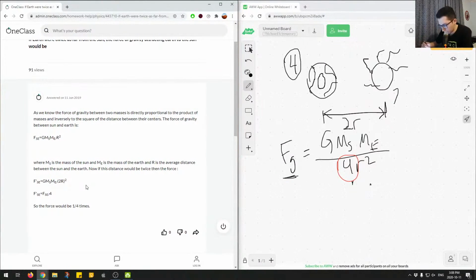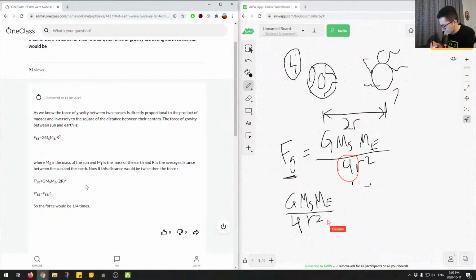So if we divided the original equation, the original equation is this component, and we divided that by 4. So if we did G Ms Me over r squared, which is just Fg, the original force of gravity, and divide that by 4, we'd end up with the 4 over here.